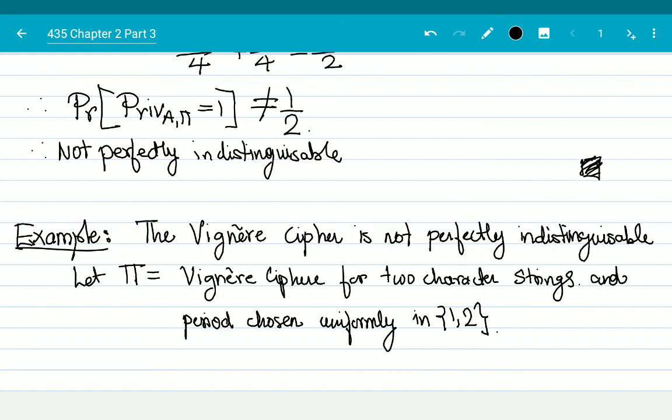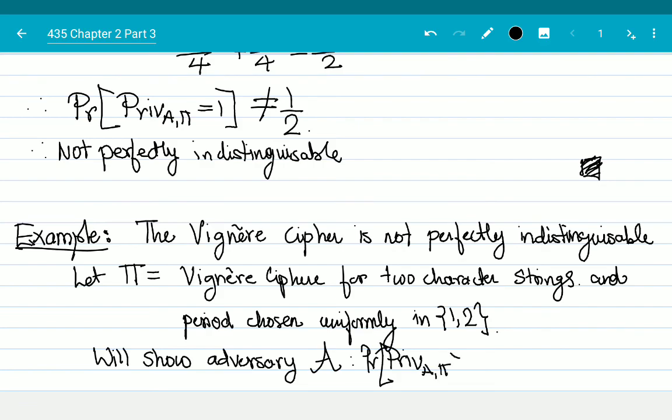We want to show an adversary. We'll show an adversary A such that the probability of priv A pi is equal to 1 is greater than 1/2. Okay?